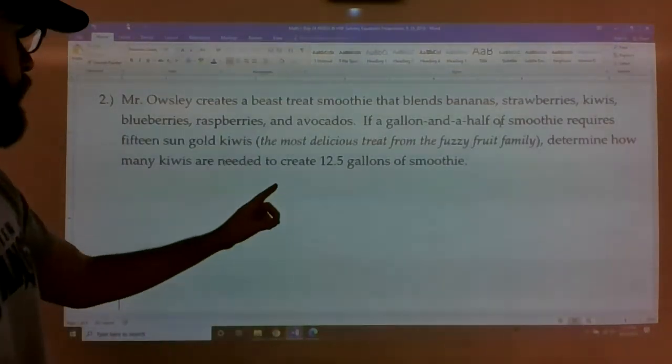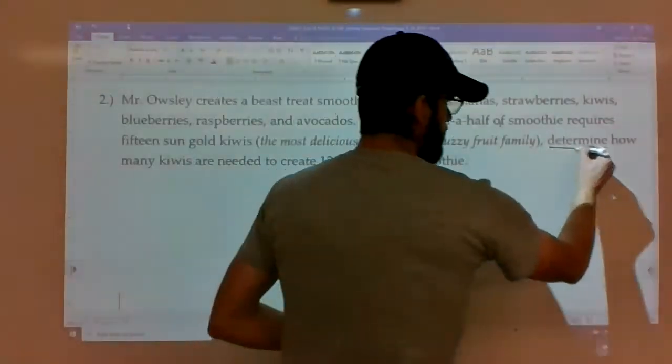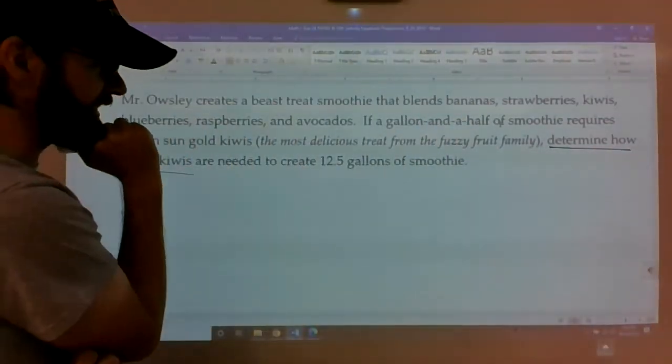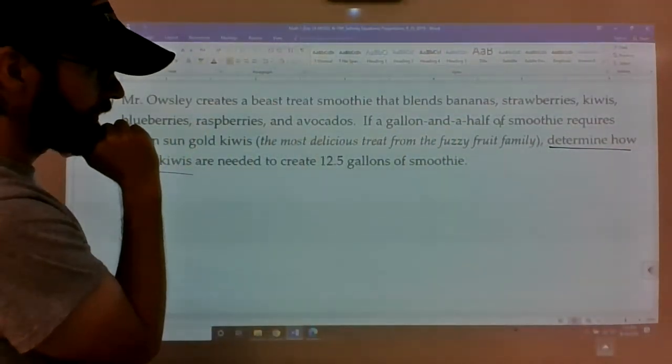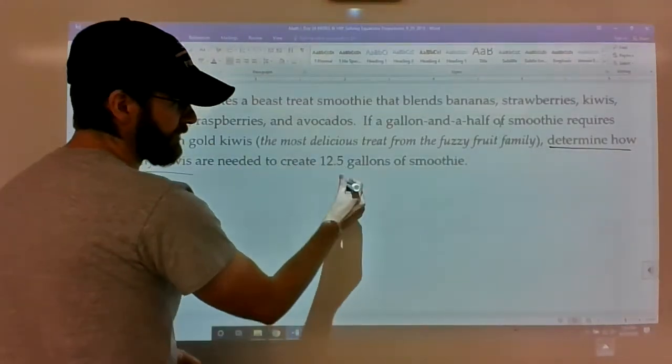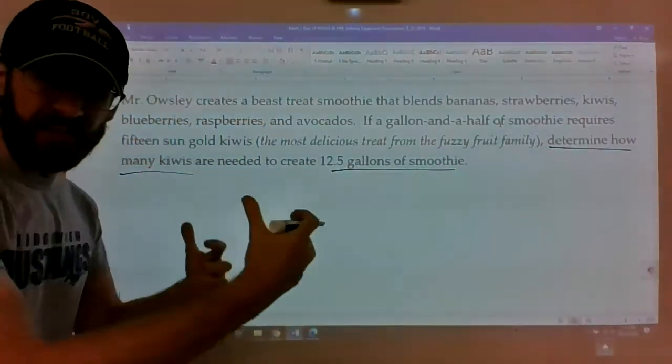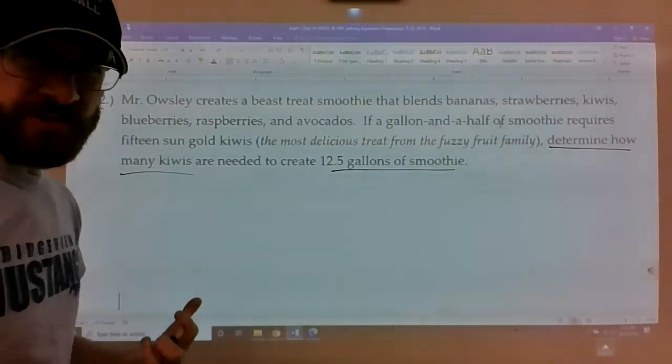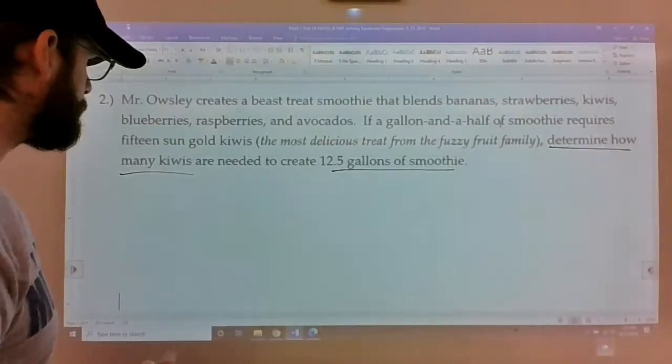Well, it looks like what we're trying to do is determine how many kiwis are needed. And we know that there's the gallons of smoothie that is kind of like the other part to this ratio. So here's what I'm going to do.